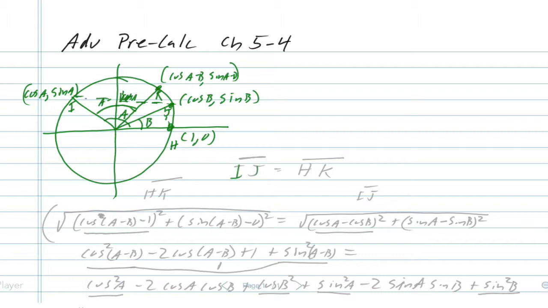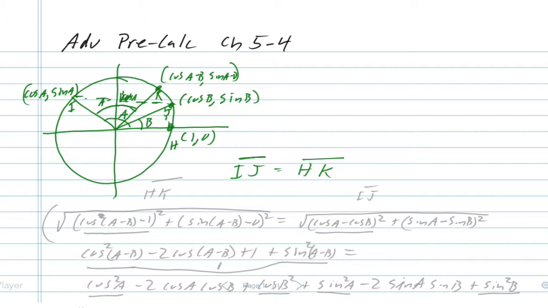So line segment IJ is a chord, and then I can also draw a line segment HK. And had I drawn those to scale, you would see angle A minus B is the same for both of those line segments. So line segment IJ, line segment HK.